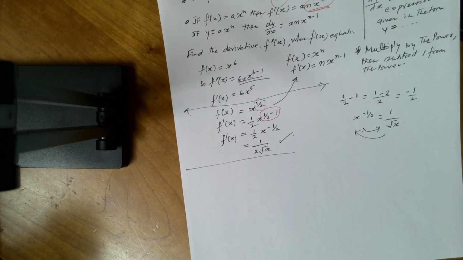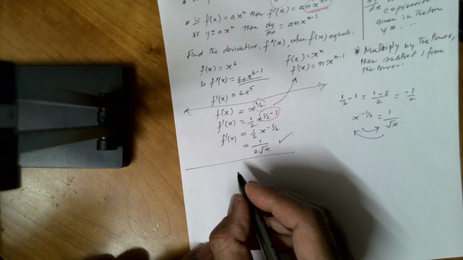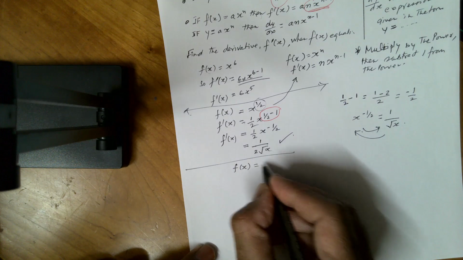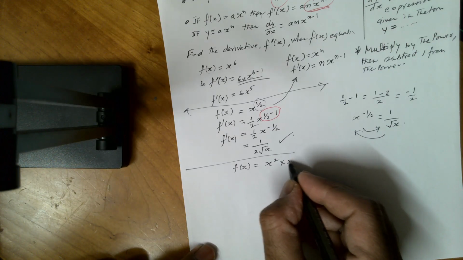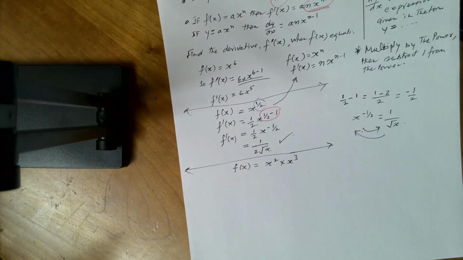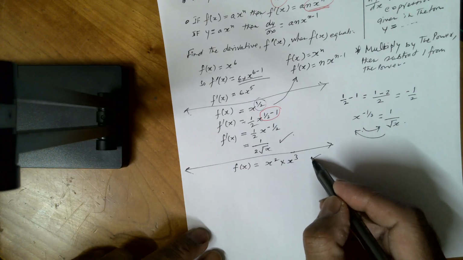Okay, so let's do another one as well. If you are given f(x), this time let's say x squared multiplied by x cubed. Now one thing you really have to understand while differentiating: you will be given any form, and you need to bring it to exactly the form where you can apply the rules.